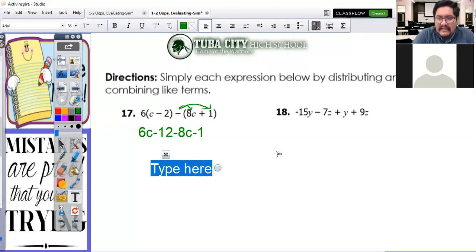6C minus 8C. So 6 minus 8 is -2, and the C stays the same. Now be careful because we're not changing powers. If you add or subtract terms, you're not going to be changing the power. All right, so let's see, -12 and -1. They're both negative.